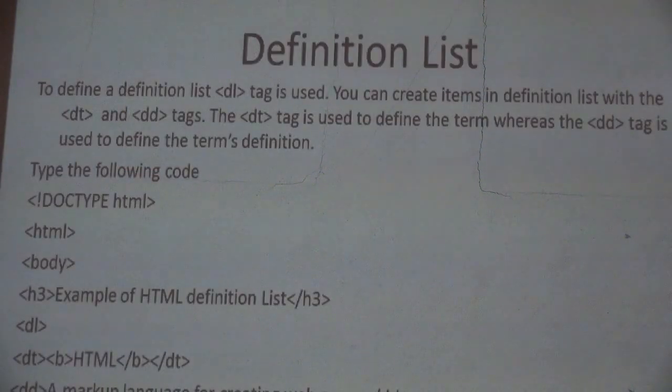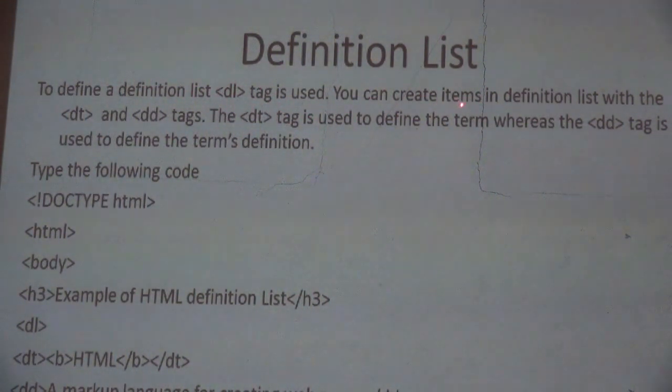The next part is the definition list. To define a definition list, the DL tag is used. This is a new concept which we did not have in the last year's 12th syllabus. To define a definition list, the DL tag, D and L, enclosed in angle brackets, is used.